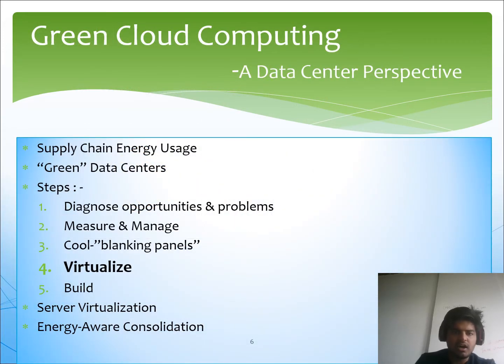Steps mentioned here are according to IBM's Big Green approach to data center energy efficiency. Virtualization continues to be one of the hottest green data center topics. Many current server CPU utilization rates typically are between 5 and 15%.